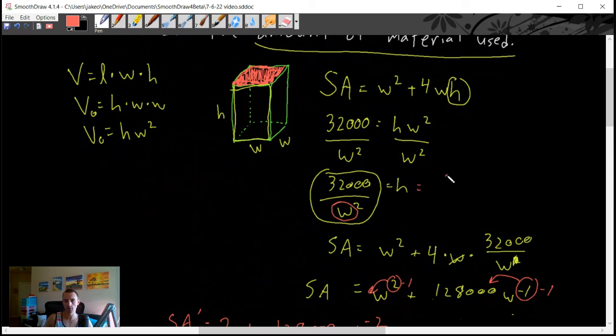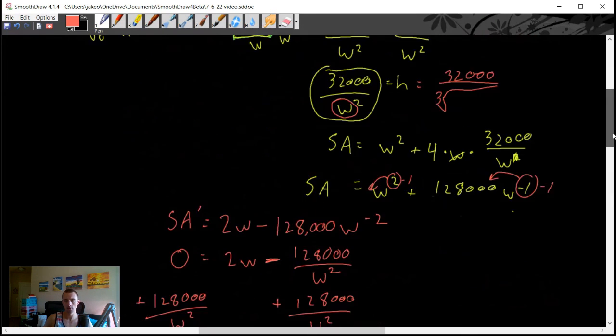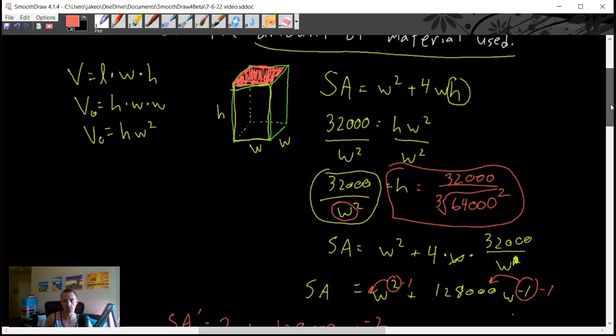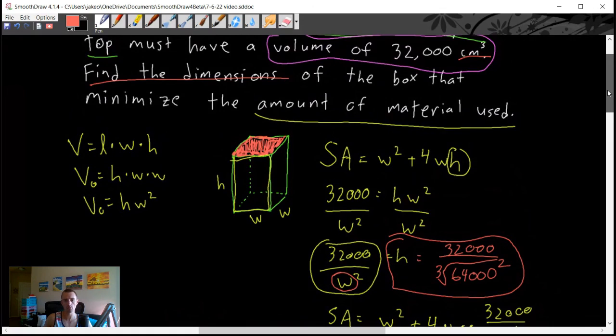So that would give us 32,000 over the cube root of 64,000 squared. And this is going to be the height of our box. And then the width and length of our box is just the cube root of 64,000. So I'll let you plug those into a calculator to get your actual final number there.